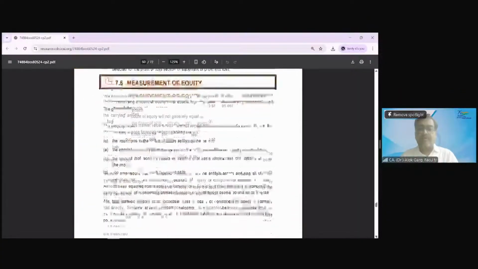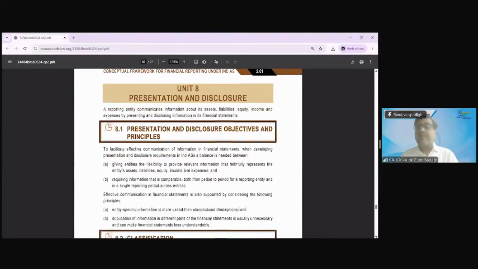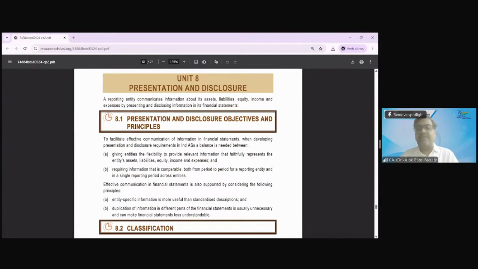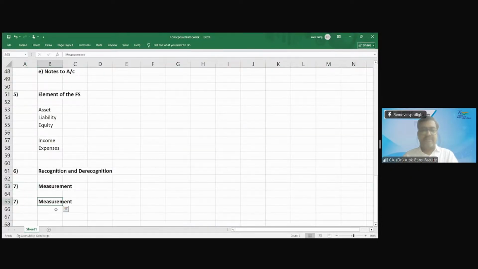Yes. So not much relevant this part. Okay. We talked about the measurement basis also. Presentation and disclosure. Again, this conceptual framework runs on only two aspects, in terms of recognition, derecognition, measurement, and presentation and disclosure. Tell me, what are those two aspects?